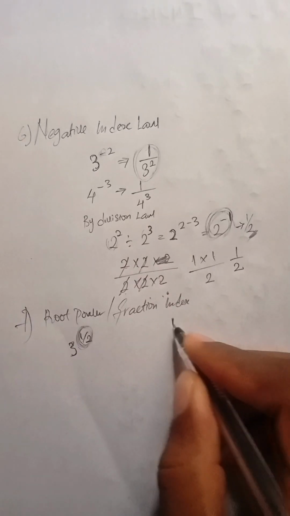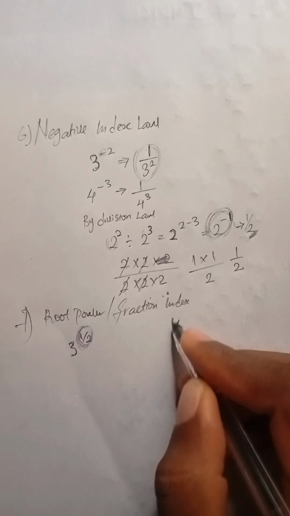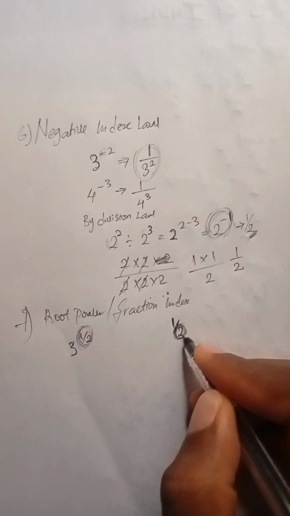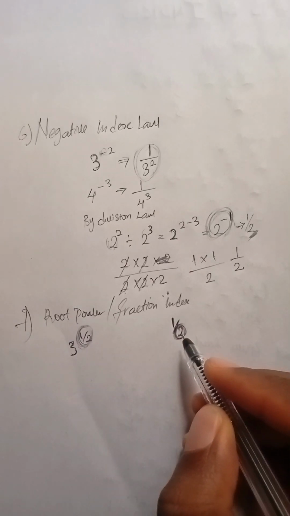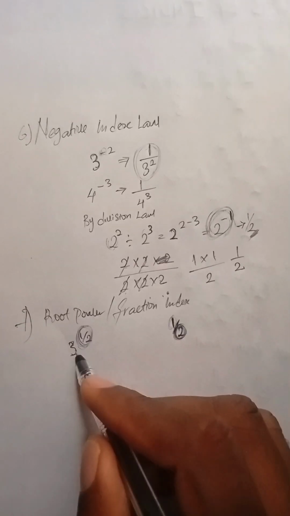And the power contains a numerator, which is 1, and a denominator, which is 2. The denominator is the root of this number and the numerator is the power of the number.